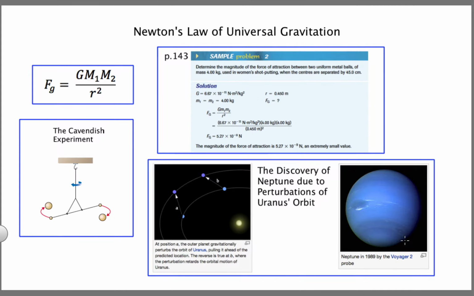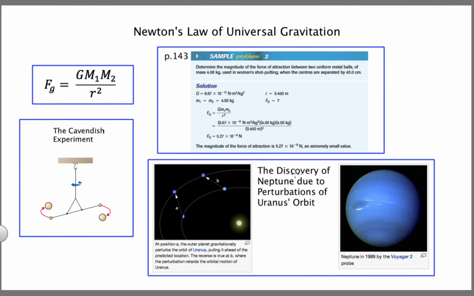There we go. So the first slide here is just really a refresher on Newton's universal law of gravitation. I go over all of this in the video, and a lot of you know it from last year. So there's really nothing new happening here, but there's some interesting stories about how this law of Newton's was used to discover some planets that have never been seen before.